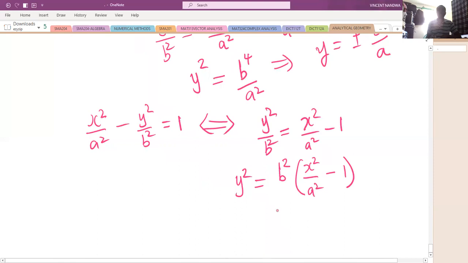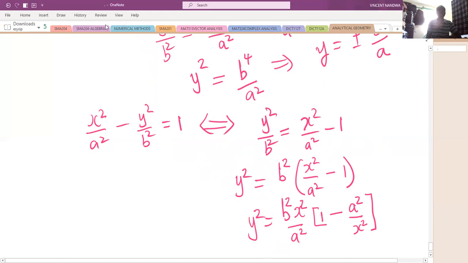So I can write this one as y squared equals b squared, and then x squared over a squared into, so that I don't lose the meaning of the original expression, I have 1 here, then minus a squared over x squared.